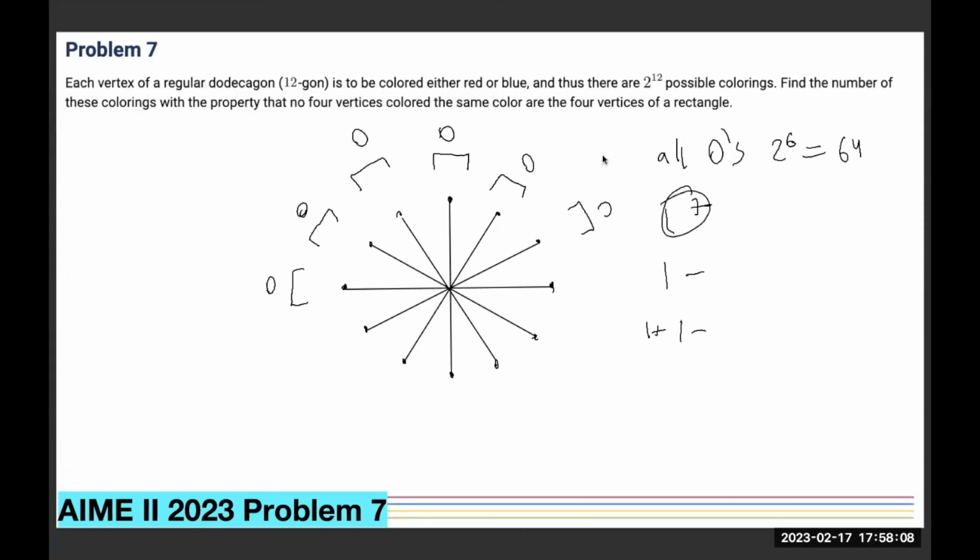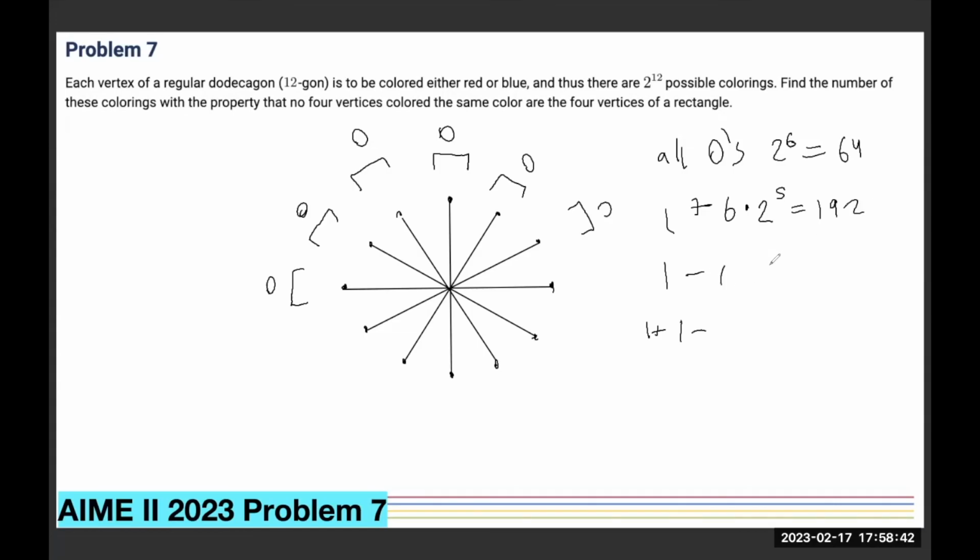Now for one positive being among them, we pick somewhere to be a positive. There's 6 ways to do that, right? We can pick this one to be a positive, or we can pick this one, doesn't matter. And then the positive diameter has to have 2 positives, and there's only one way to do it. So the number we're multiplying by isn't 2 to the 6, but only 2 to the 5. And this is 32 times 6, 192.